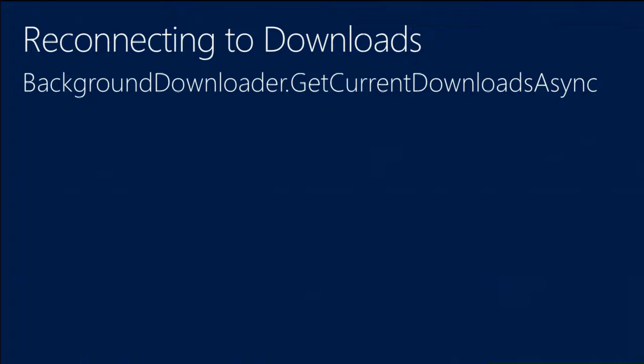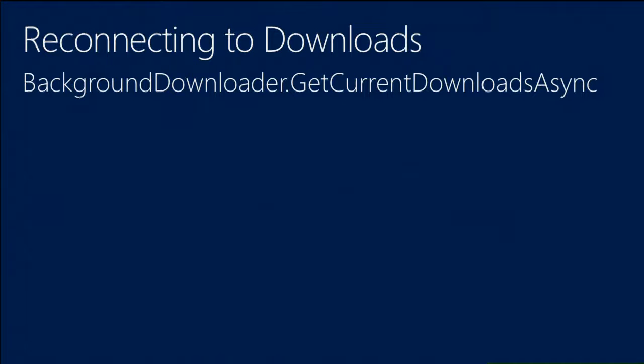When you create that, you get that download operation that, as I said, you can attach to. But if your app does terminate during the process, when the app restarts, you want to be able to connect with all those operations that you currently have. And you can do that with a static operation called get current downloads. What this does is it returns all of the download operations that you currently have running for that app.